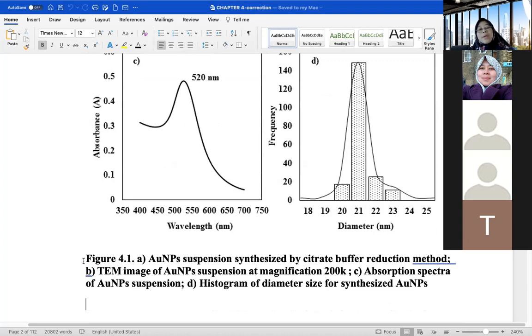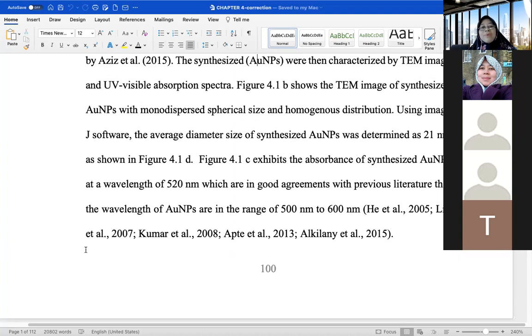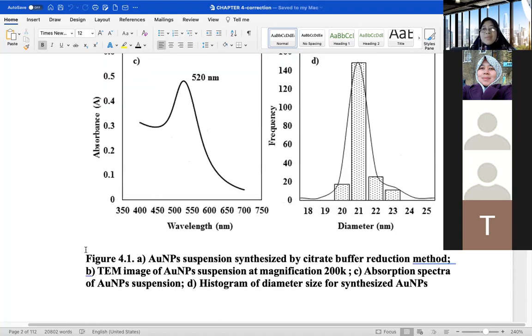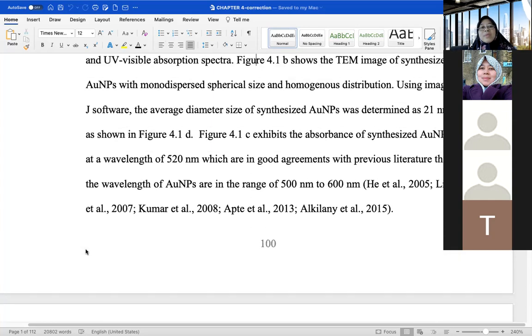Now, what I want to highlight here again is the caption. Another one is that when you write chapter 4, we do not put the picture first before telling the story. You have to tell the story first. You can see here, we need to talk about the figure, the one that I showed you just now, before showing it.